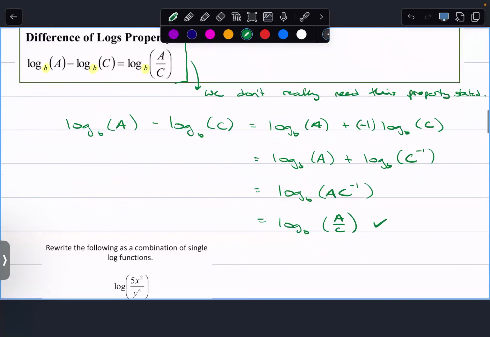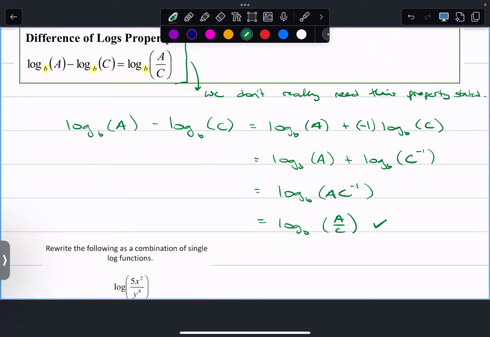Ta-da! You don't really need it, but it's nice. So if you've got division inside the log, then you can break it up into the numerator subtracting or being subtracted by the denominator in terms of the logs.